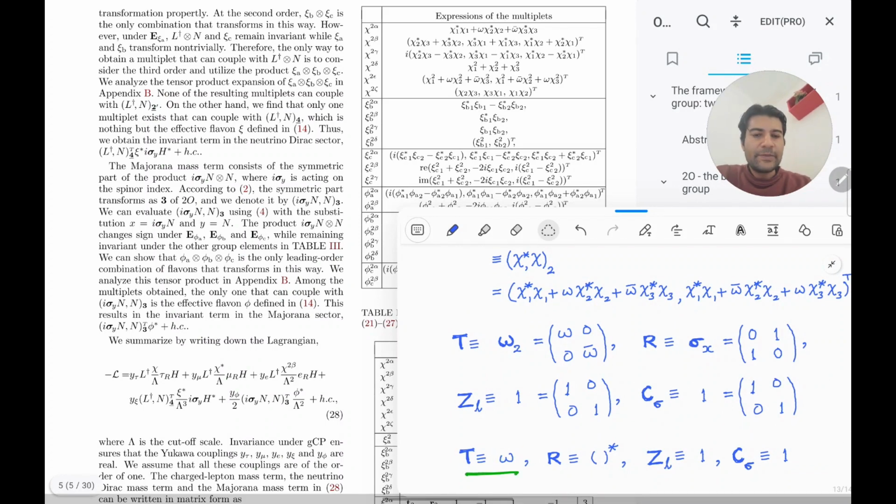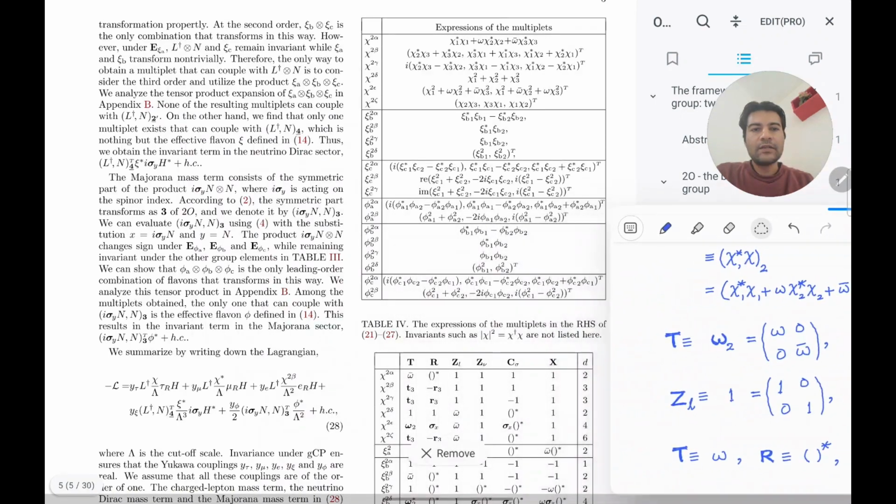So T is multiplication with omega, R is complex conjugation, ZL and C sigma are trivial. In this example, the action of R, which has nothing to do with generalized CP, is complex conjugation. And in the paper, I also introduce some other generators. These generators also involve complex conjugation.